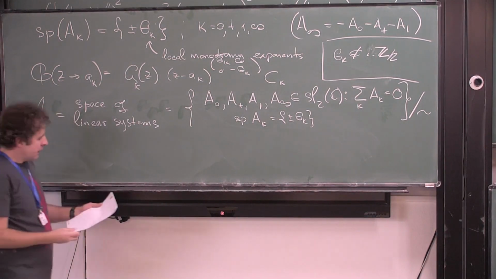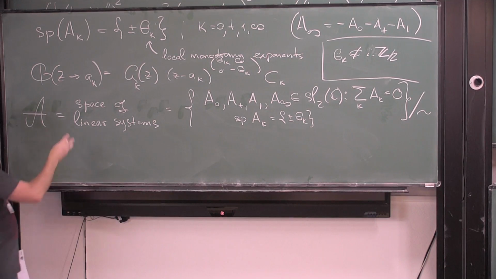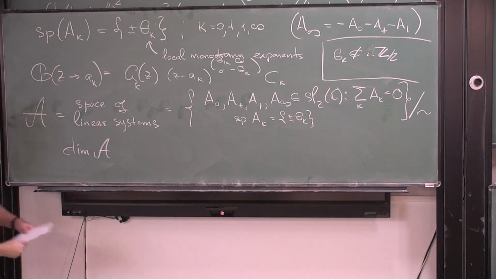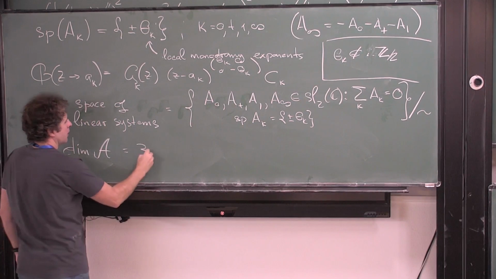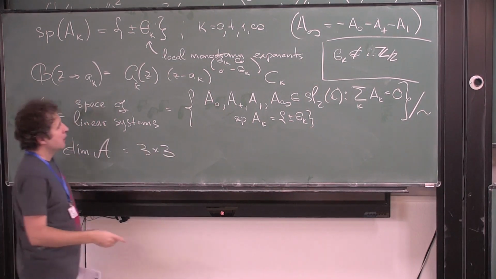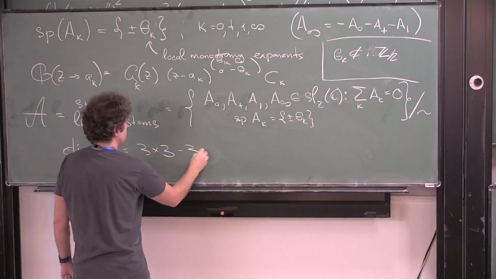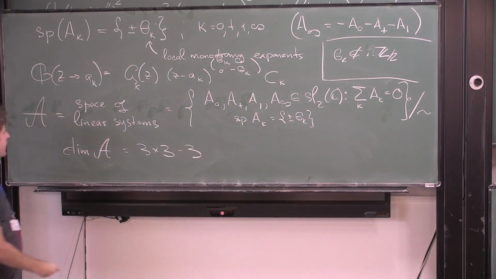Okay, and so we can do the rough dimension count of the space, the dimension of A. We have 3 SL2 matrices, so 9 parameters. Now conjugation kills 3 of them, and fixing the eigenvalues kills another 4.